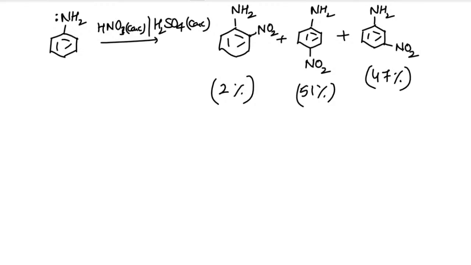NH2 group is ortho-para directing. So meta product, how do we get this? Ashish, my question is why we get meta? No, you are wrong. Say ortho para product is maximum, then meta. How do you say that NH2 is meta directing?